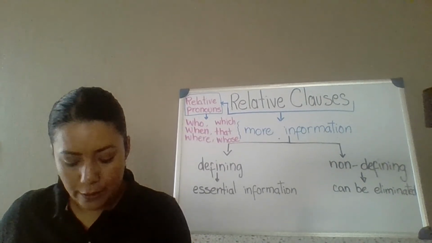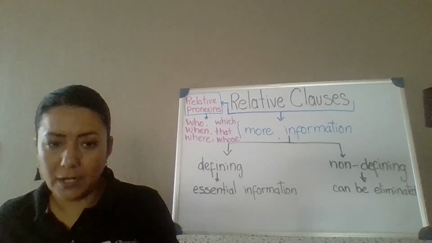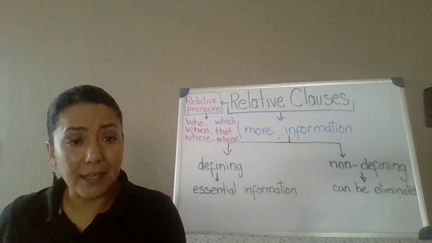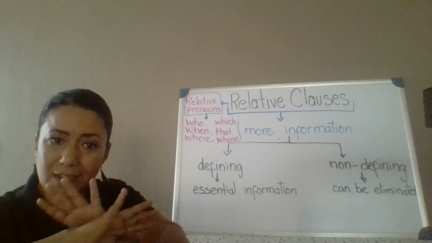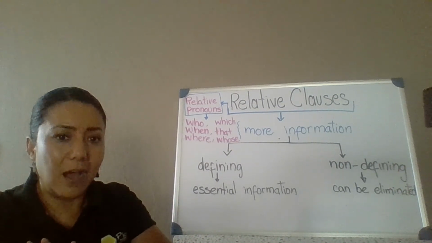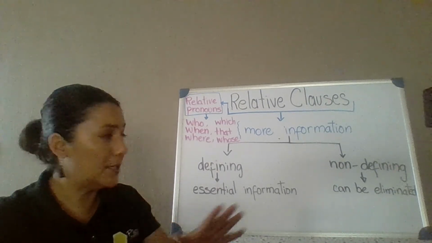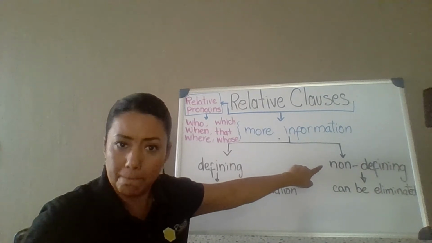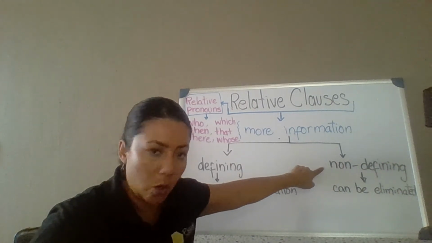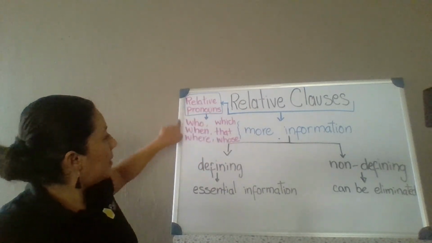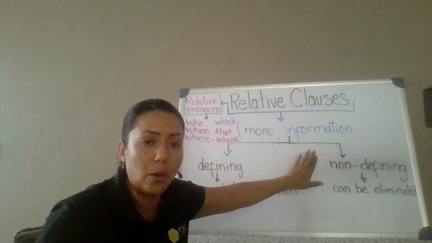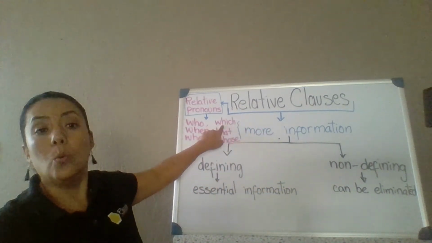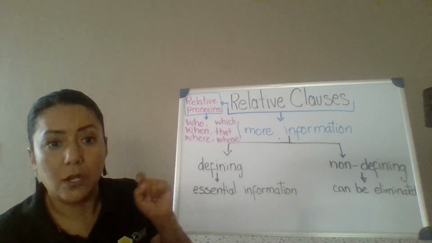If we just read, the event featured a great band, is that a clear, complete idea? Yes, it is. So, if we leave the relative clause out and it makes no difference, then we're talking about a non-defining relative clause. So, what is the relative pronoun we use for non-defining relative clauses? Which. So that's the answer, number 1, which.